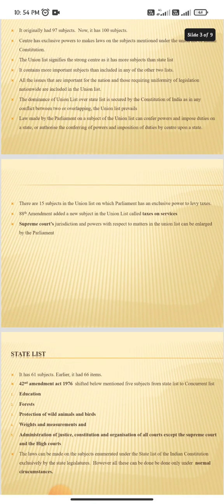There are 15 subjects in the Union list on which Parliament has exclusive power to levy taxes. The 88th Amendment added a new subject in the Union list called taxes on services. The Supreme Court's jurisdiction and powers with respect to matters in the Union list can be enlarged by Parliament.